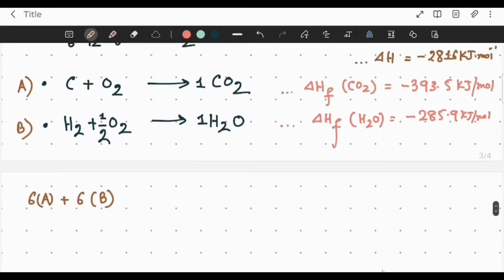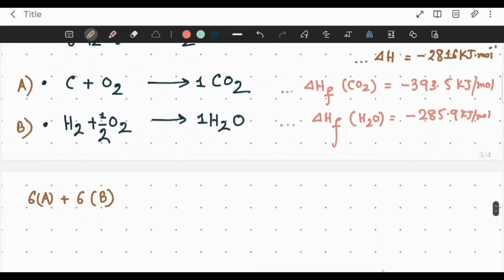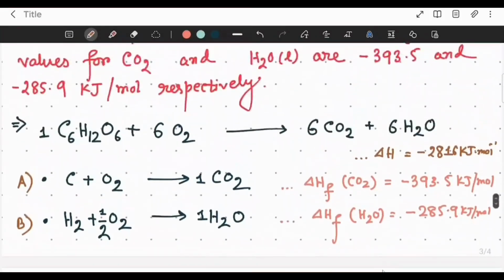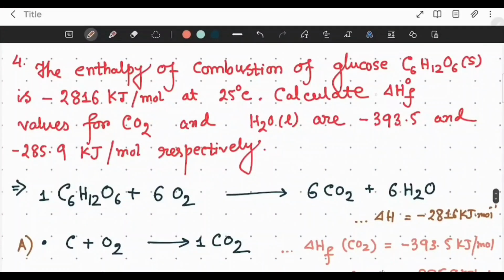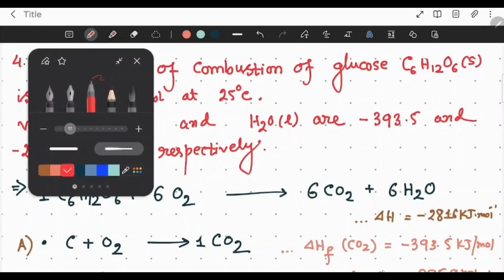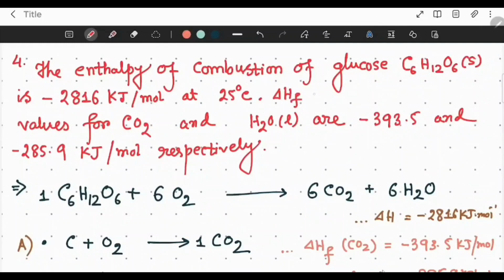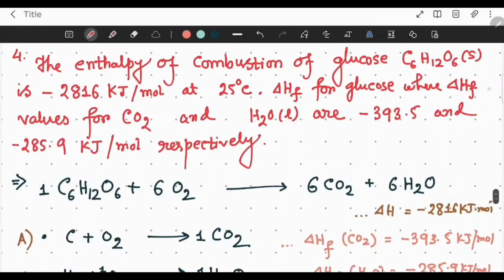Then they asked, these are given, okay. The del H values for these are given, and we have to calculate del H formation for glucose, where the del H values for CO2 and H2O are these.